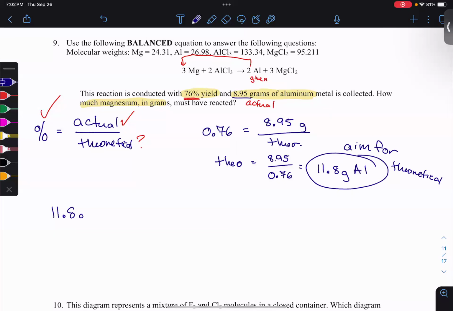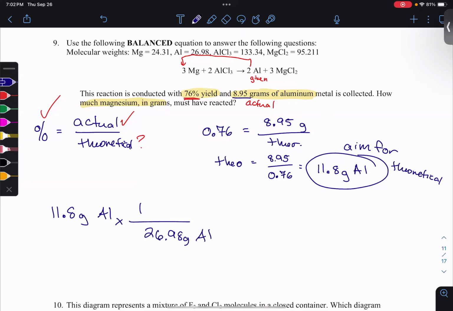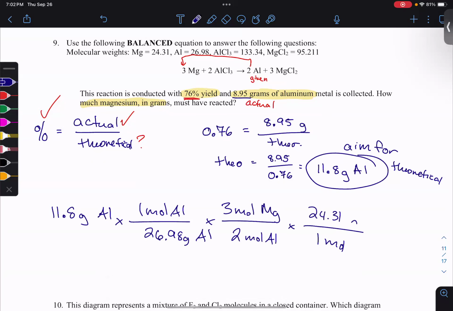So 11.8 grams of aluminum. We'll use the molar mass. So 26.98 grams of aluminum per 1 mole of aluminum. Then we do stoichiometry. So 2 moles of aluminum is 3 moles of magnesium. Then I use the molar mass of magnesium, 1 mole, 24.31 grams, right?